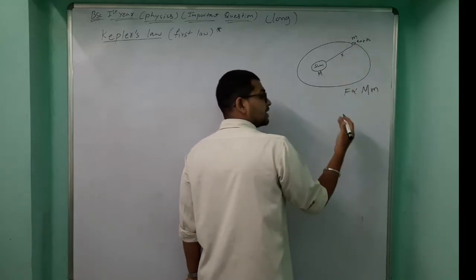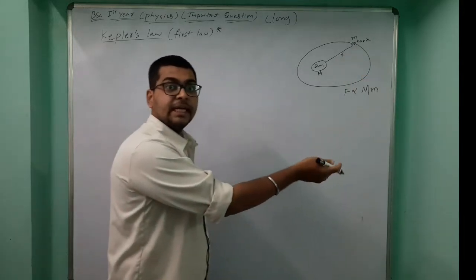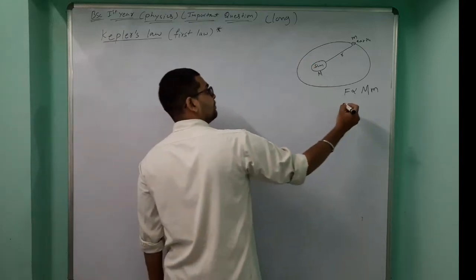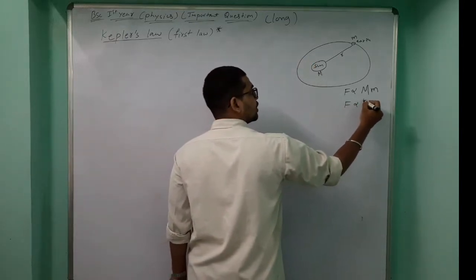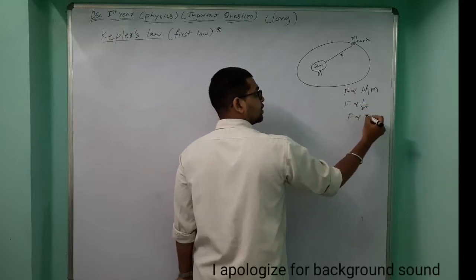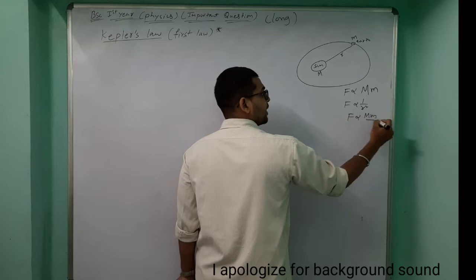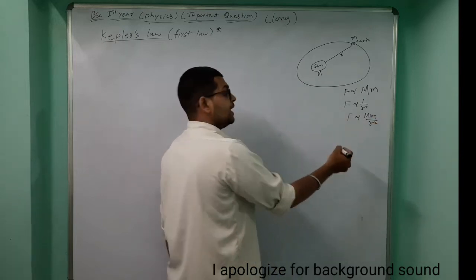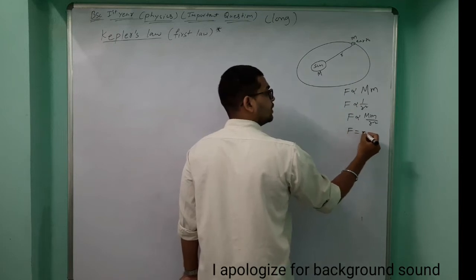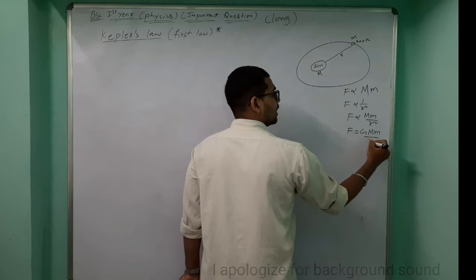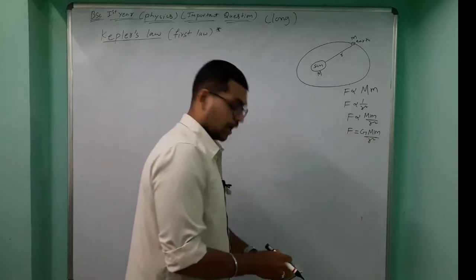So it is directly proportional to the product of their masses and inversely proportional to the square of the distance between them, 1 by r square. So we can write it as proportional to capital M small m by r square. If I remove the proportionality constant, F is equal to G capital M small m by r square. This is the formula.